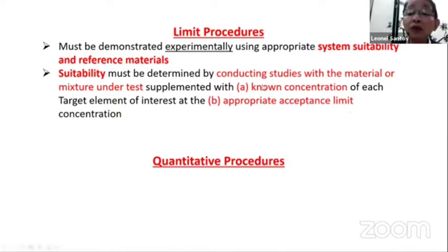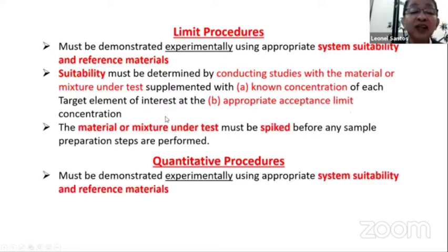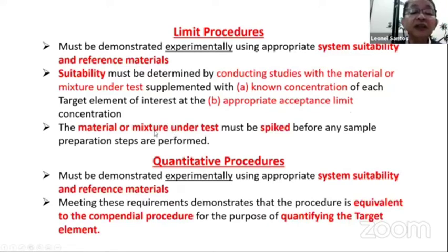So there must be a known concentration for the yes, and there must be an appropriate acceptance limit of concentration. Also, the material or the mixture under test must be spiked. Spiking allows you to be specific in terms of your elemental impurities.